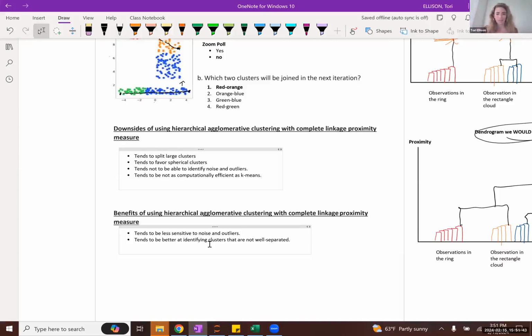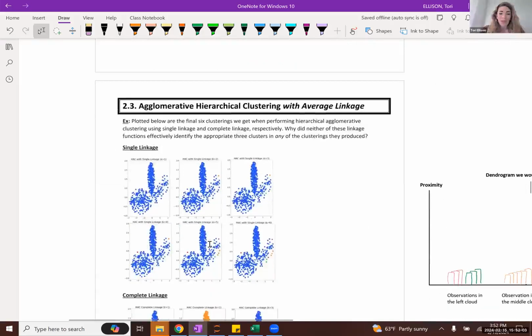In other words, complete linkage will be able to find those larger clusters, but it won't be able to really indicate to you what those noise and outlier points are, essentially. So again, it depends on your goals. Do you want to identify noise, or do you want to identify larger clusters?